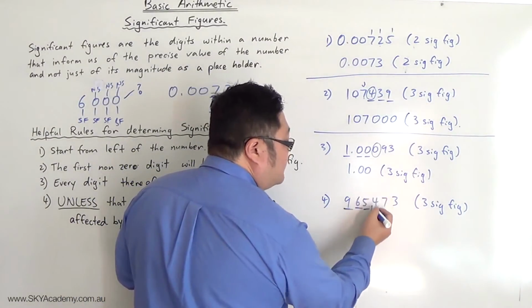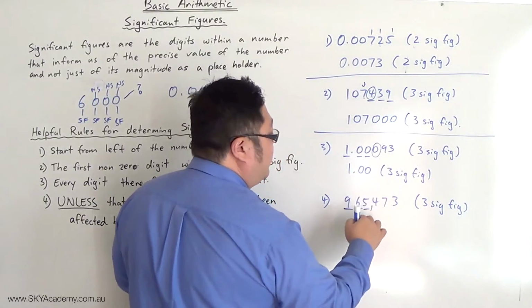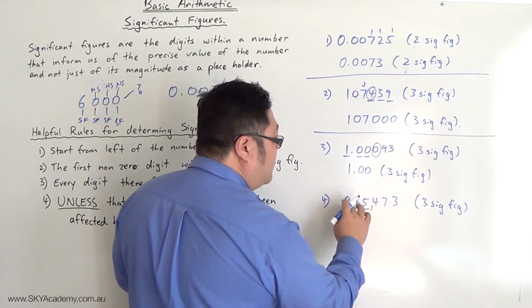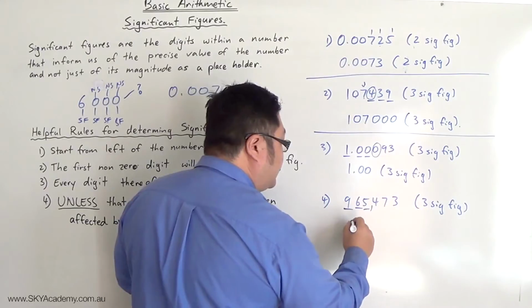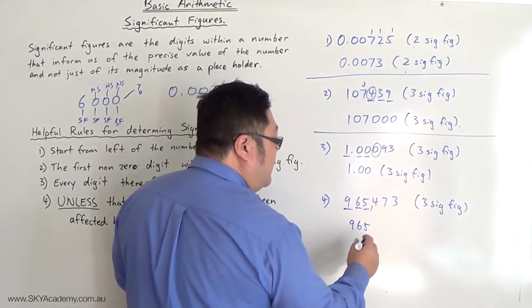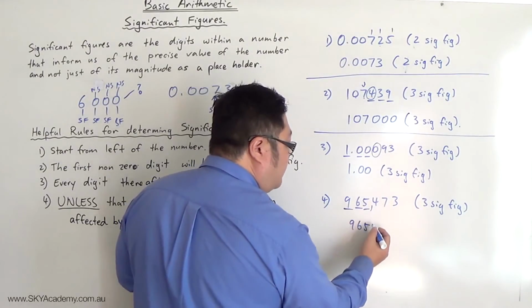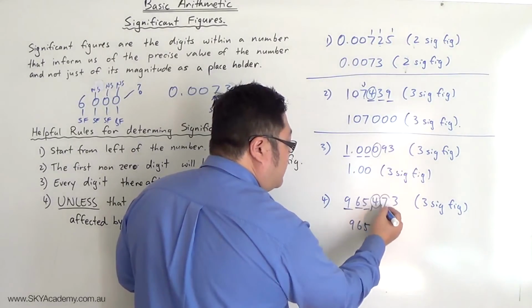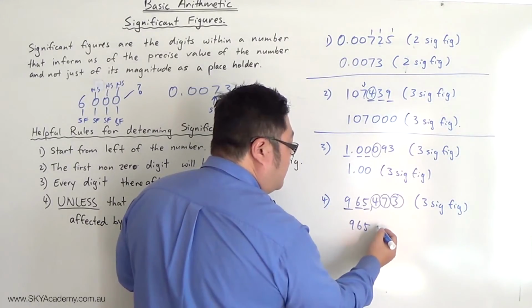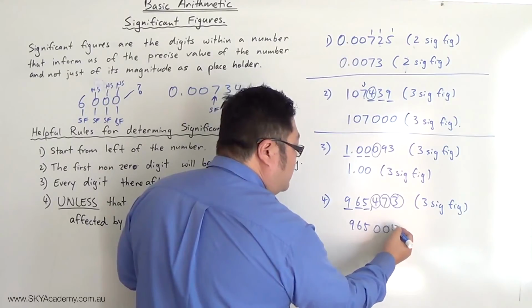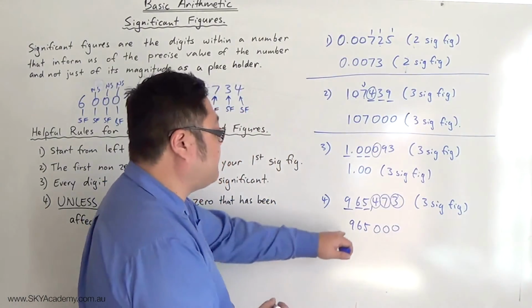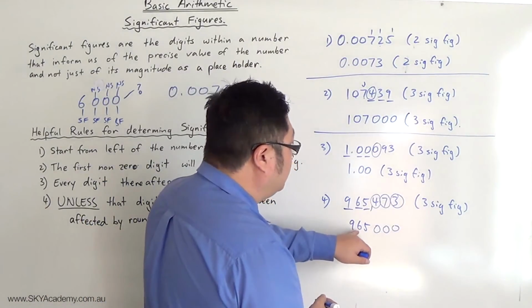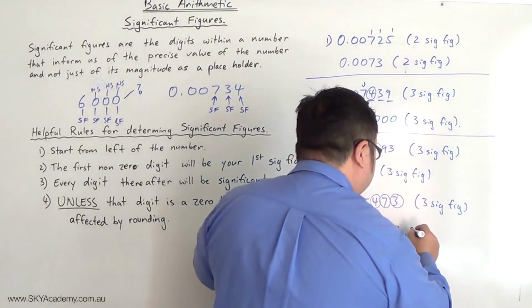The number after is 4, so we don't round it up. We keep the digits as 9, 6, and 5. Everything else is a placeholder, right? This will be a placeholder, this will be a placeholder, this will be a placeholder. And so as placeholders, we use the number 0, okay? So that's the number to 3 sig fig.